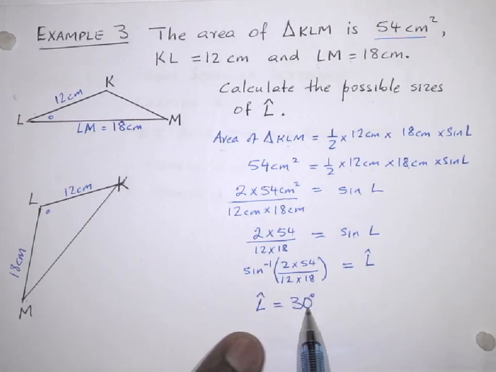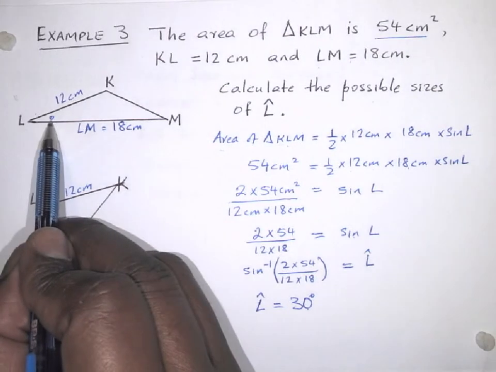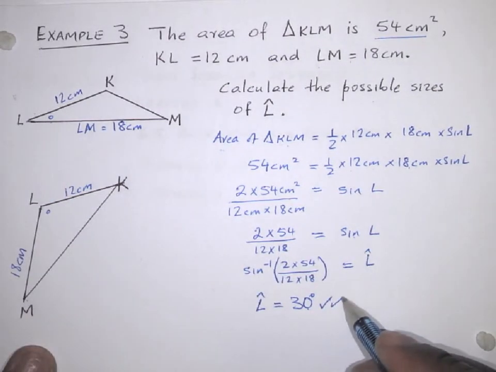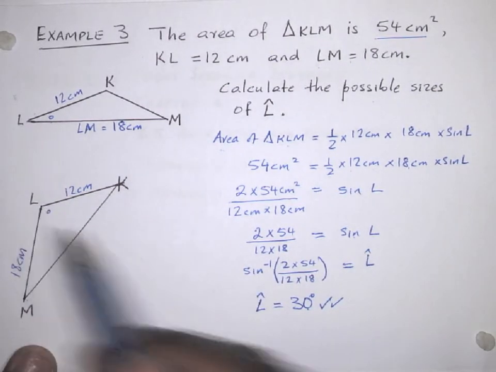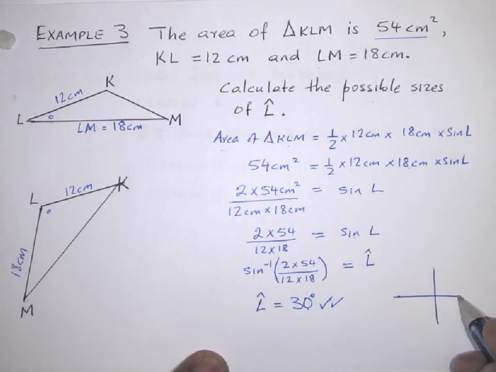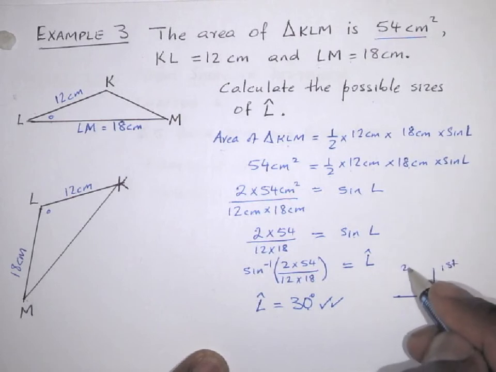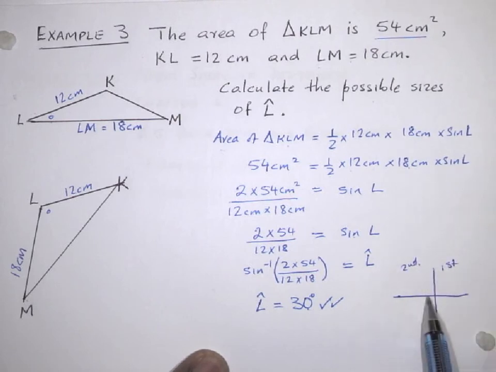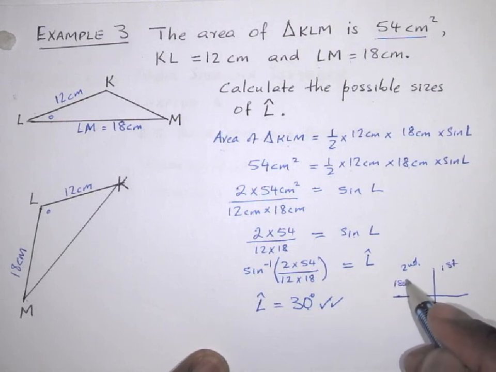It's an acute angle, so that one is correct. What about this one, obtuse? Remember that sine is positive in two quadrants, in the first quadrant and in the second quadrant. And in the second quadrant, the answer for the angle, we say 180 degrees minus the reference angle, remember?